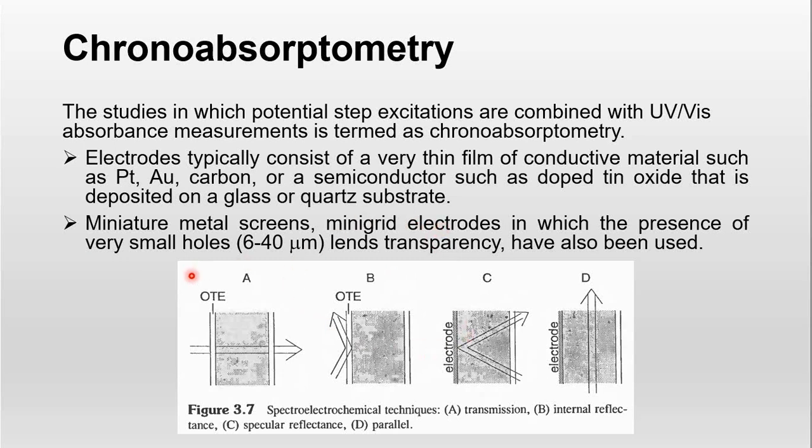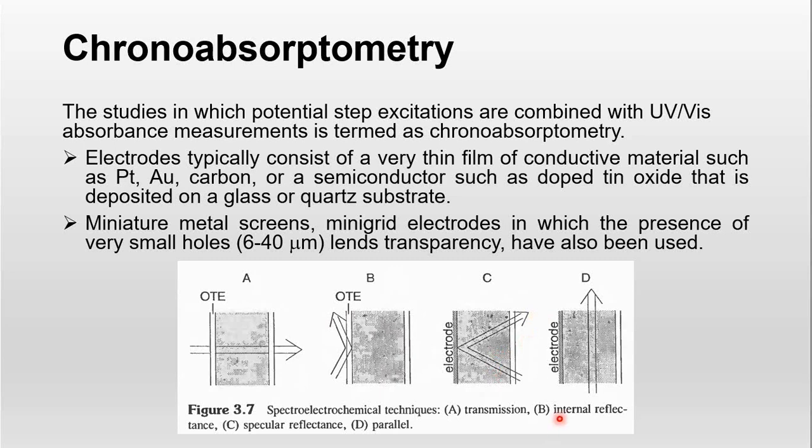Now you can see some electrodes over here, different types, which are used in spectroelectrochemical techniques, which actually involve this chronoabsorptometry. Here you see an OTE, that is the optically transparent electrode, and the light is passing through like this because the electrode is transparent. Here the light is deflected from the electrode.